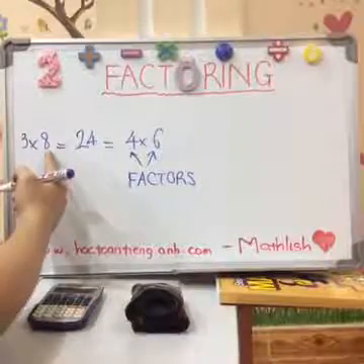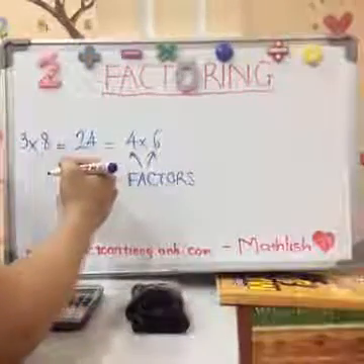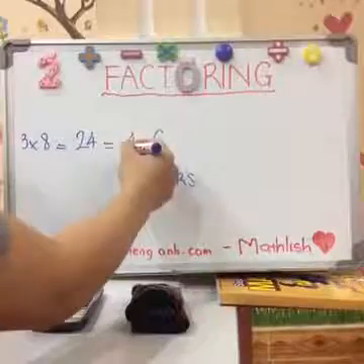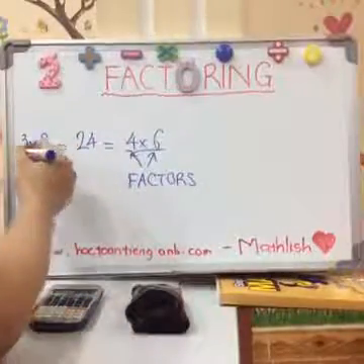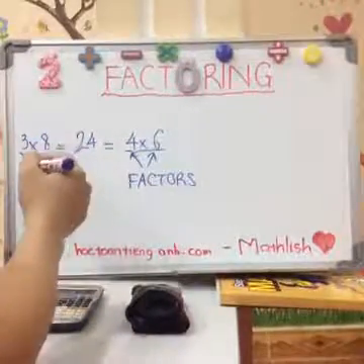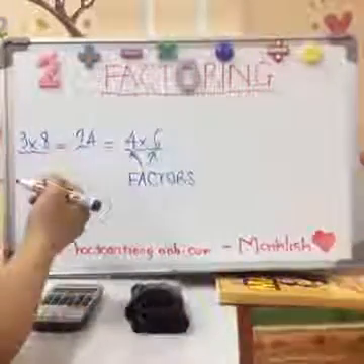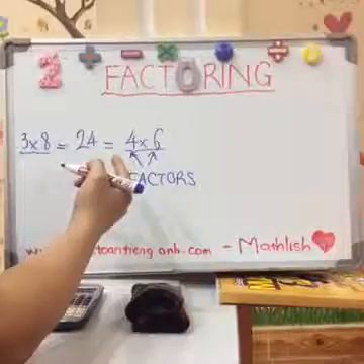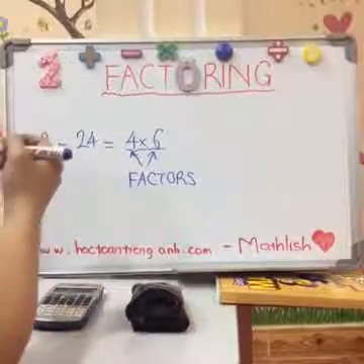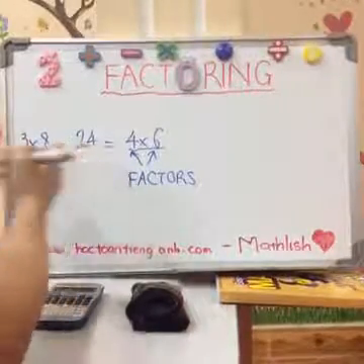So, which of the factors is right? 4 and 6 or 3 and 8? Actually, they are both right. There can be more than one way to factor a number.